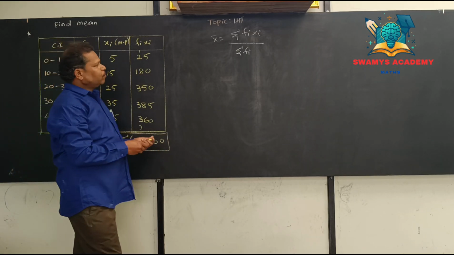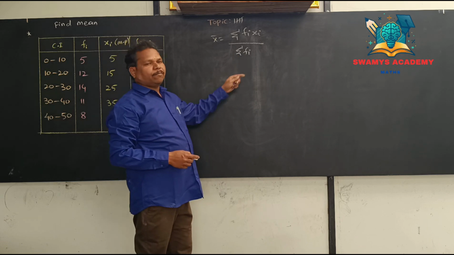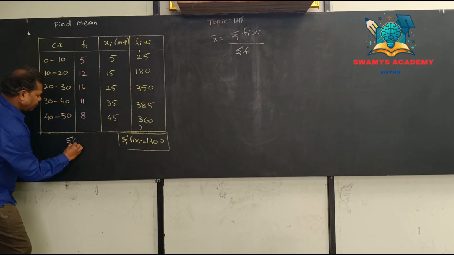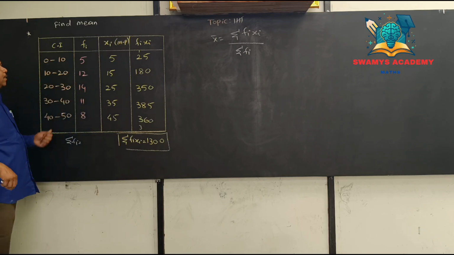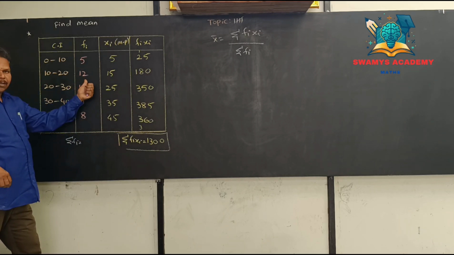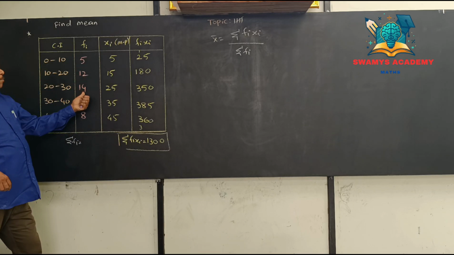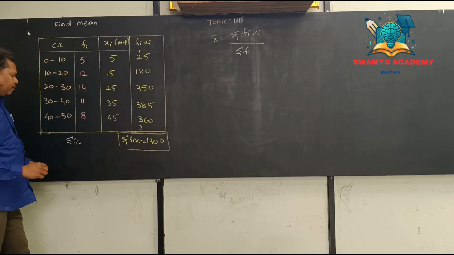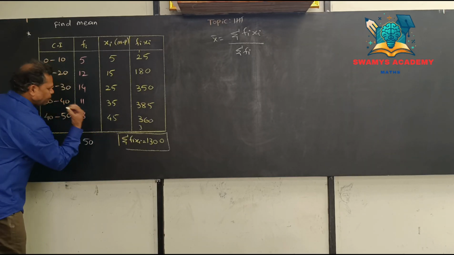Next, sigma fi. You need to add the frequencies. 5 plus 12, 17. 17 plus 14, 31. 31 plus 11, 42. 42 plus 8, 50. After that you need to divide.